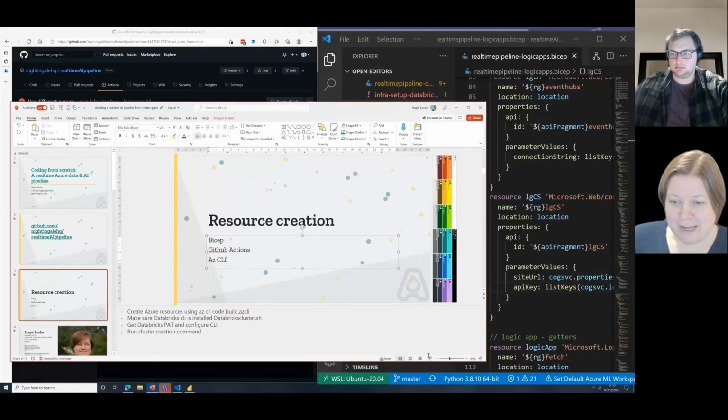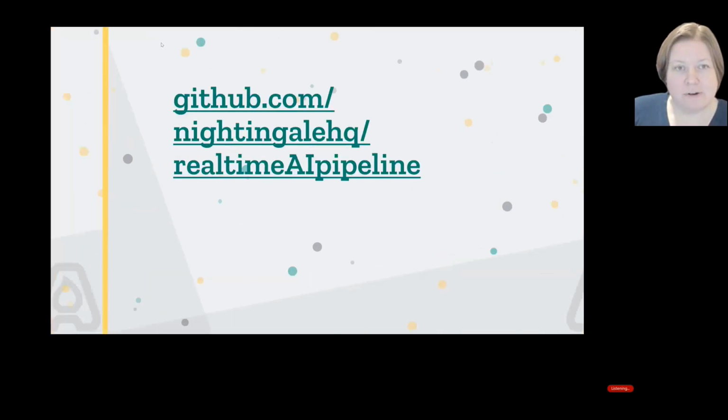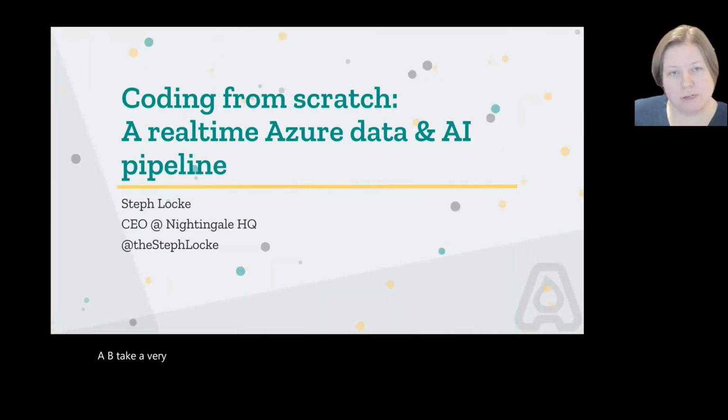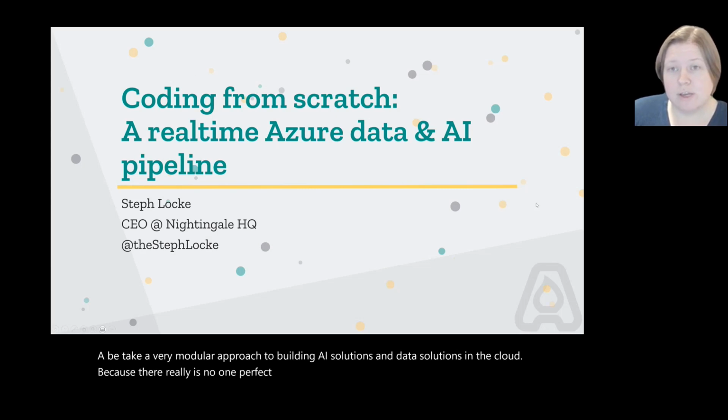As Benny said, we take a very modular approach to building AI solutions and data solutions in the cloud, because there really is no one perfect answer when we create a technology solution.